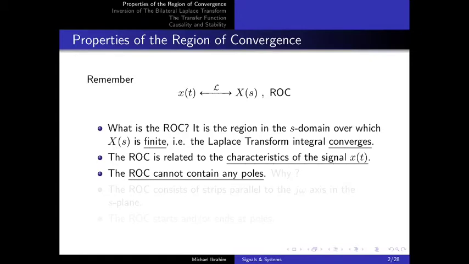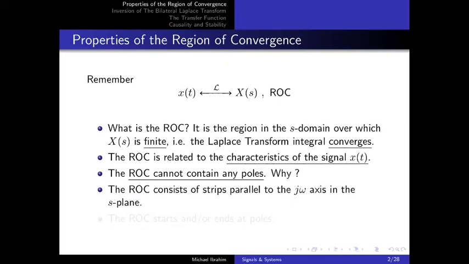The ROC cannot contain any poles because by definition the ROC is the values of s for which X of s is finite, whereas at the location of a pole X of s goes to infinity. So the region of convergence cannot contain any poles.